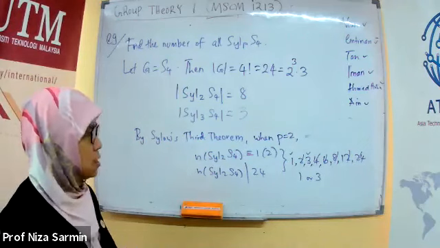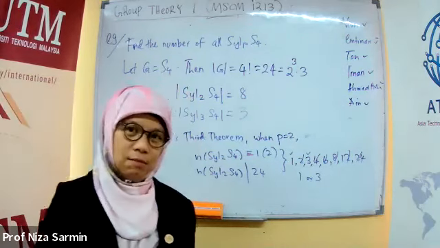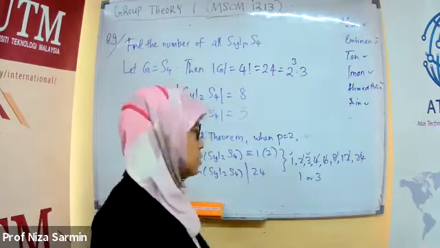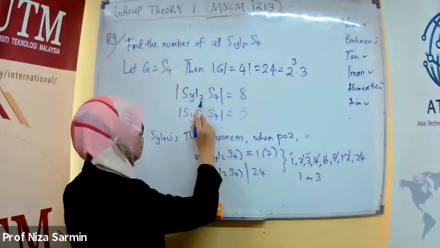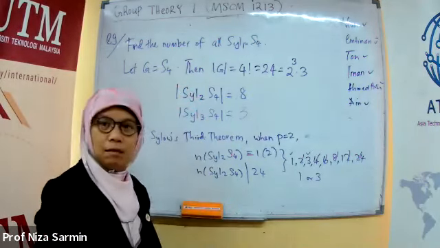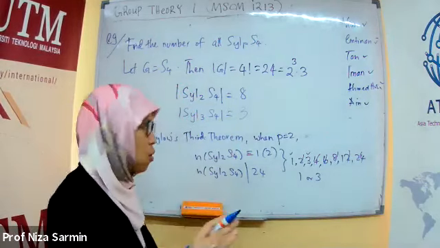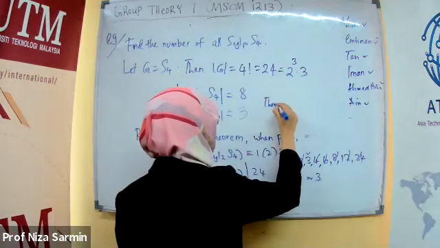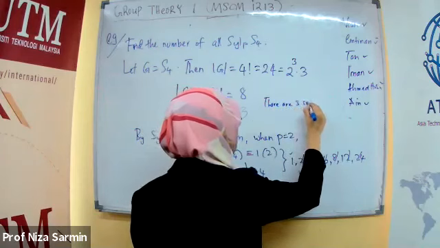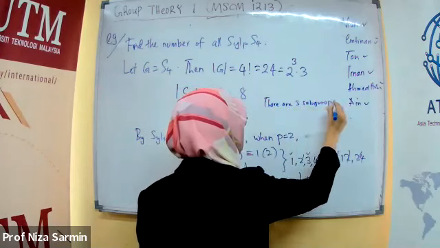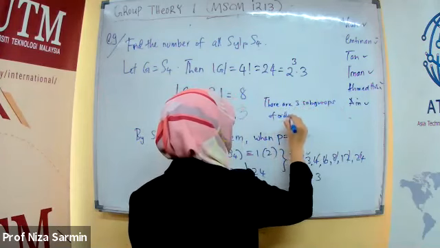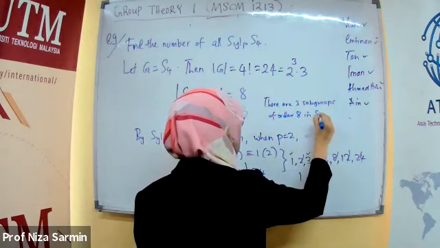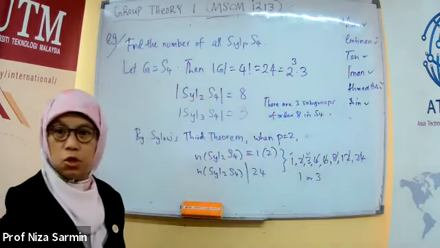I know the answer is 3, not 1, because a Sylow 2-subgroup of S4 has order 8. In S4, there are 3 subgroups of order 8. It's not 1, there are 3.